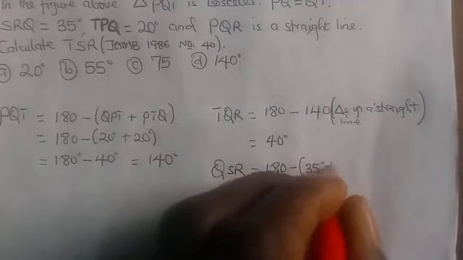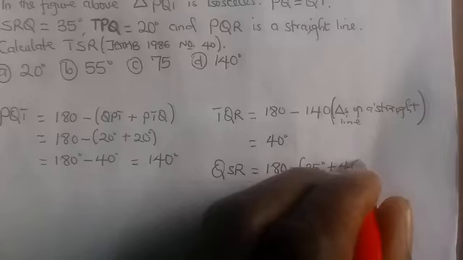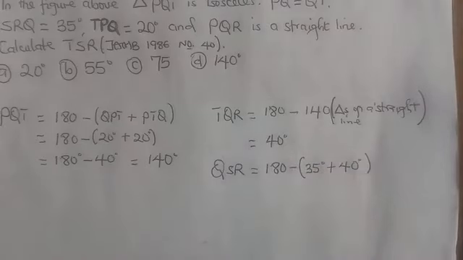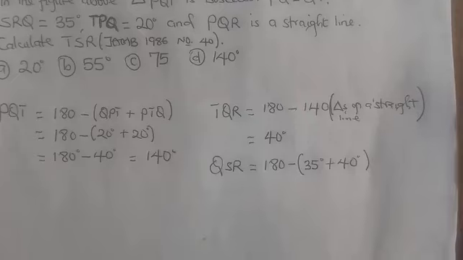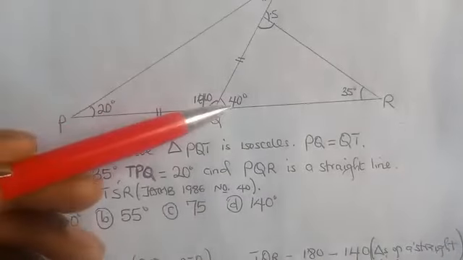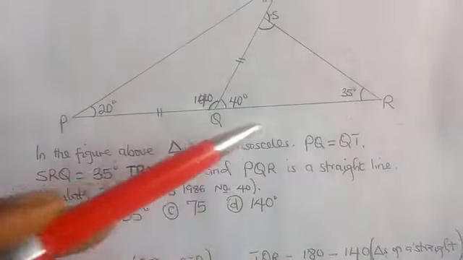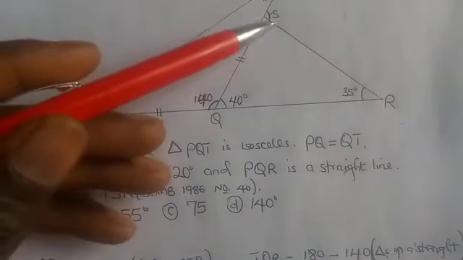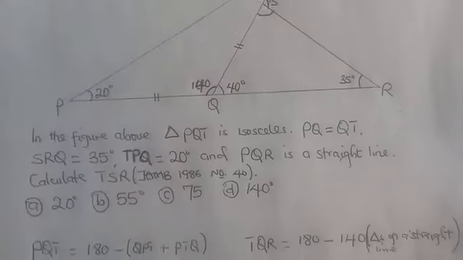The sum of angles in a triangle gives us 180. Since we already know two angles of this triangle, we need to subtract them from 180 to get the remaining angle.